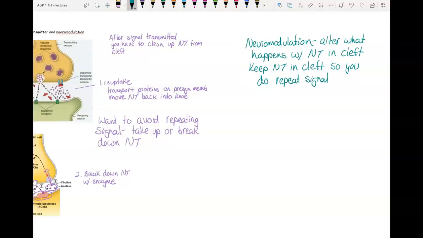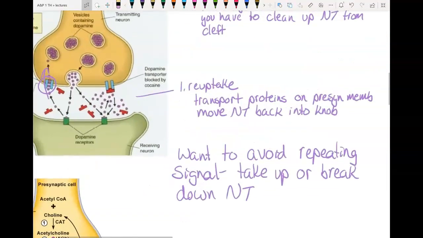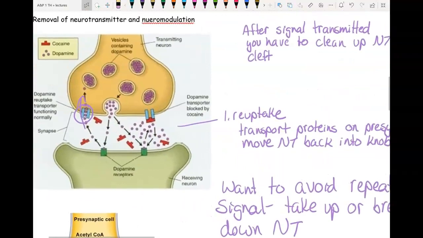So an example of this is cocaine. You can see in this picture, cocaine has been added. Cocaine is these red things here. Here is that transport pump that will do reuptake of dopamine. Cocaine, notice, blocks this.